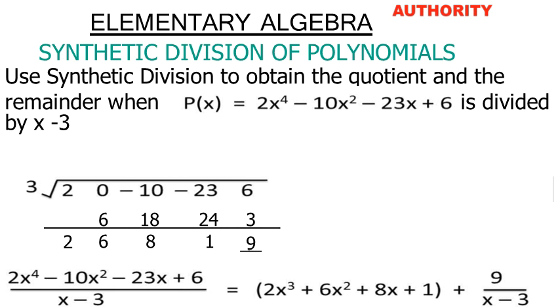So our answer, which is the quotient, is going to be 2x cubed plus 6x squared plus 8x plus 1 in bracket, plus our remainder, which is 9, all over our divisor, x minus 3. So finally we obtained 2x cubed plus 6x squared plus 8x plus 1 as our quotient, then plus 9 as our remainder all over x minus 3, which is our divisor.